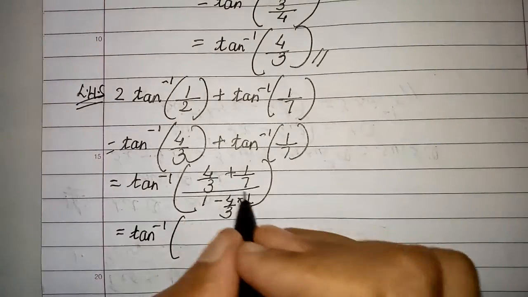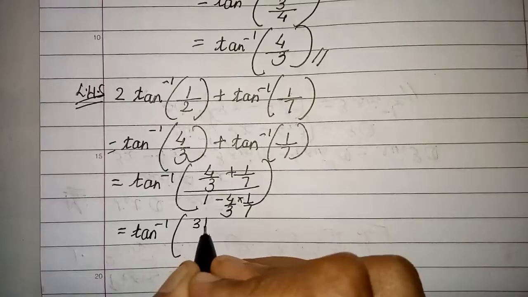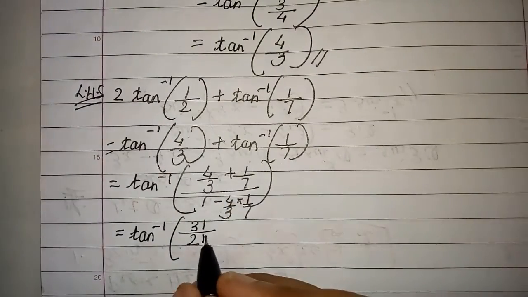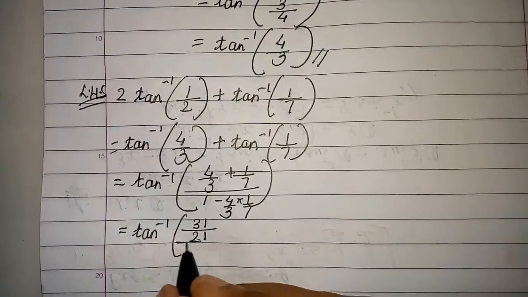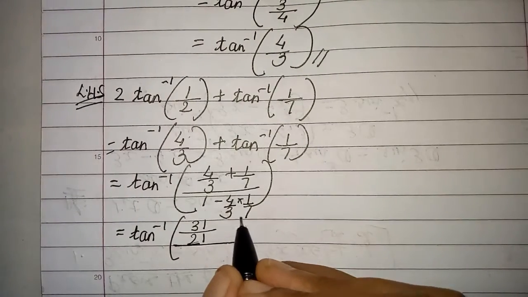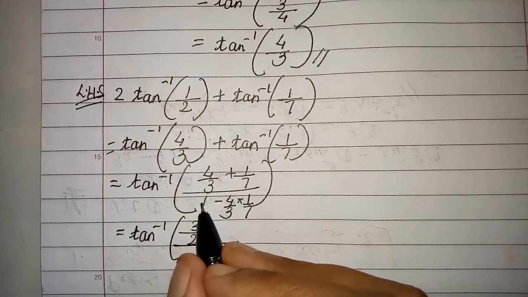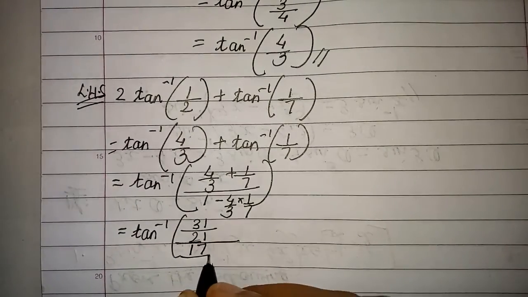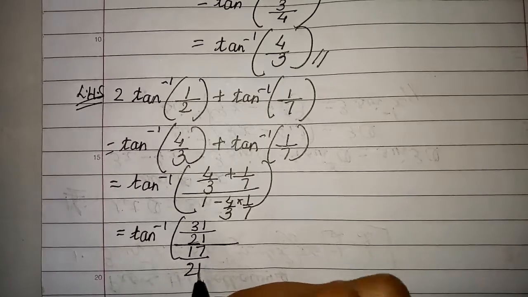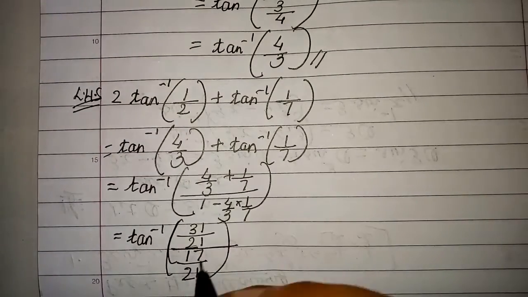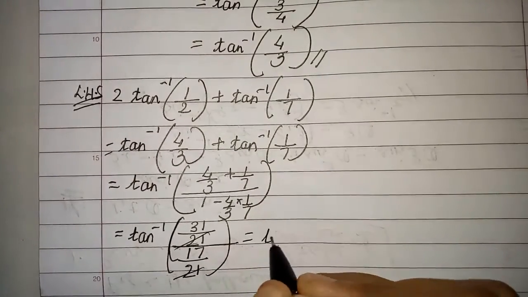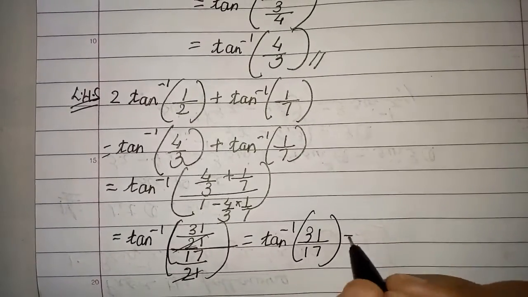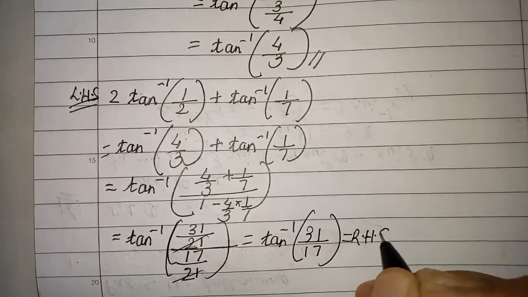Tan inverse of, cross multiply, 28 plus 3, 31. 4 7s are 28 plus 3, 31 by 3 7s are 21 upon. Now this is 3 7s are 21. 21 will go here. 21 minus 4, 17 by 21. Okay. So 21 will get cancelled. So what you get back is 31 by 17. So that is nothing but my right hand side.